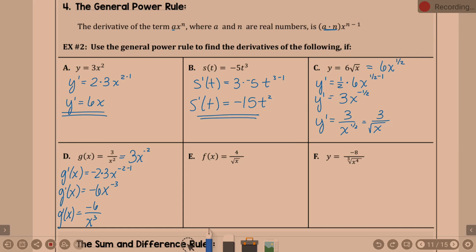Okay. 4 over square root of x. This is what? 4x to the negative 1/2, right? What do we have? Negative 1/2 times 4 is negative 2. x to the negative 1/2 minus 1.